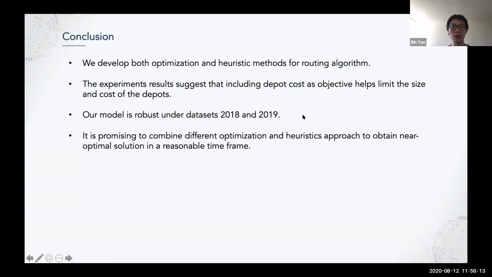And our model is relatively robust under data sets 2018 and 2019. And finally, I want to say that it's promising to combine optimization and heuristic approaches to obtain a better solution in a reasonable time frame, because they both have their own merits.